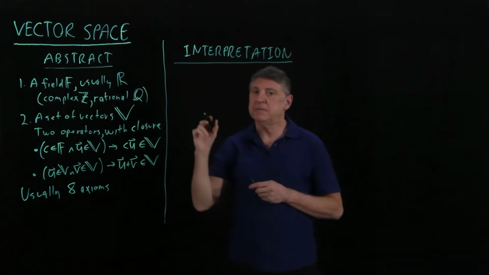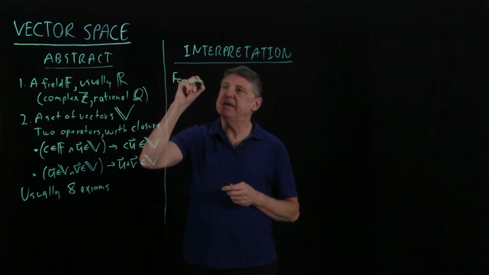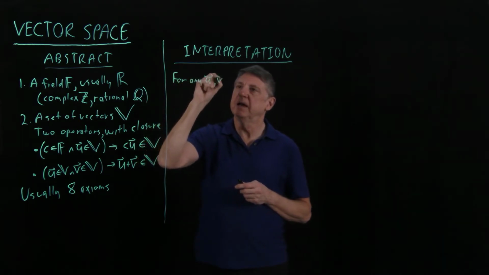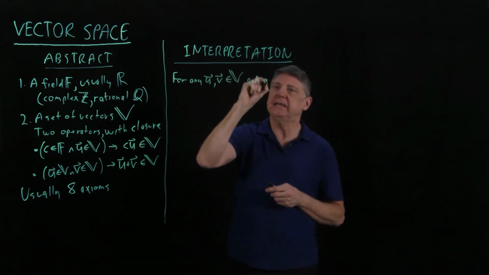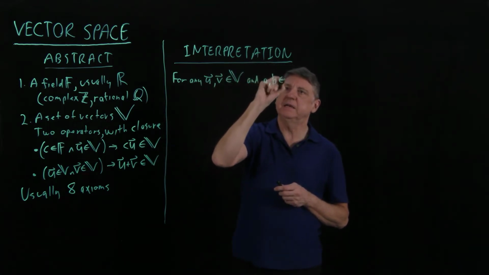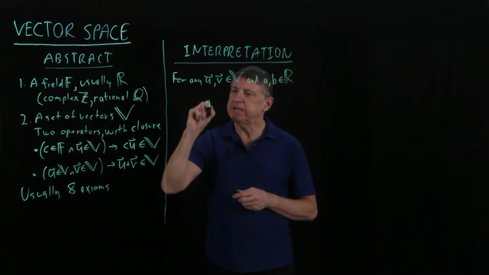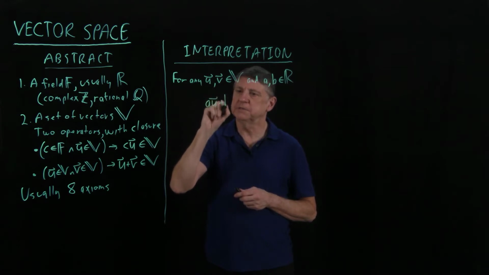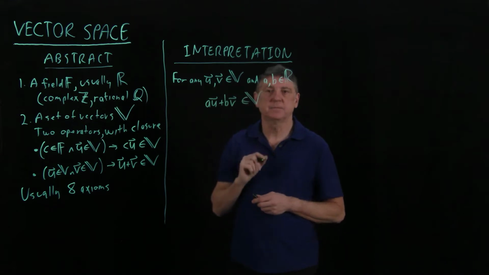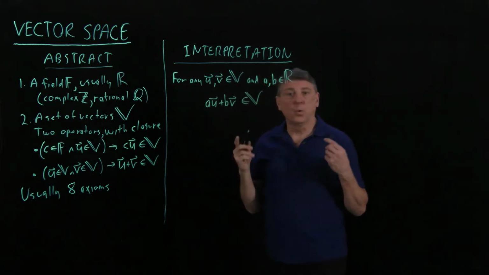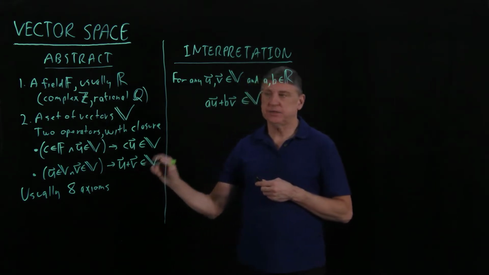And what I mean is that for any u and v that are in the set and any a and b that are real numbers, if I take a times u plus b times v, that is in the set. And what this carries with it is these 8 axioms.